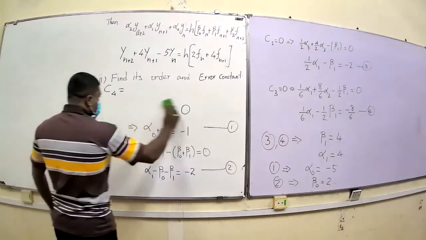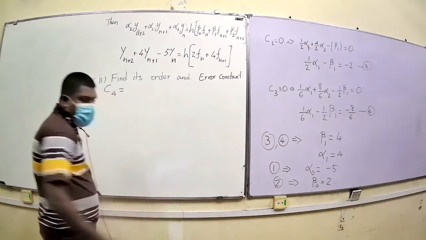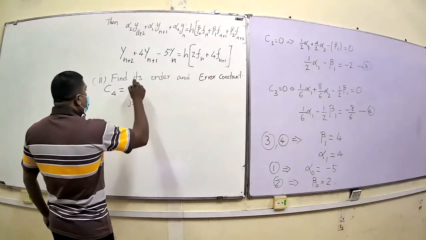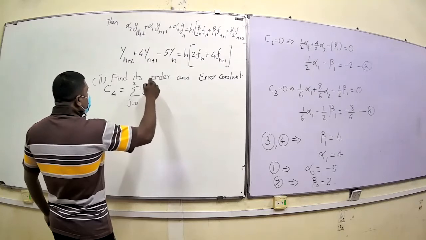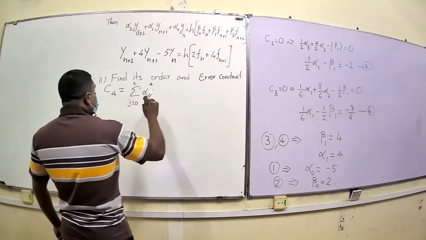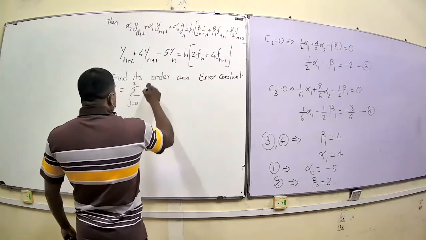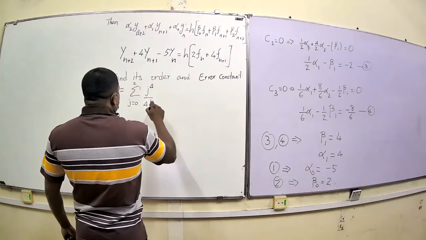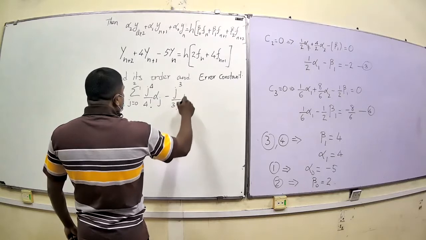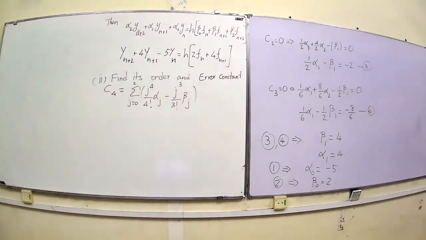If you write the formula for C4, that is the sum over j equal to 0 to 2 of j to the power 4 over 4 factorial into alpha j minus j to the power 3 over 3 factorial into beta j. This is the formula for C4, right?